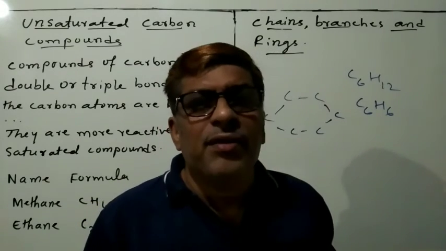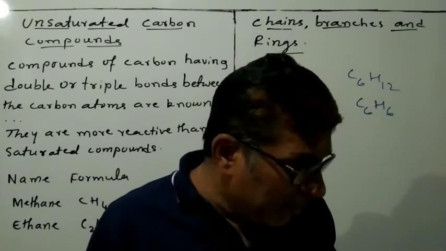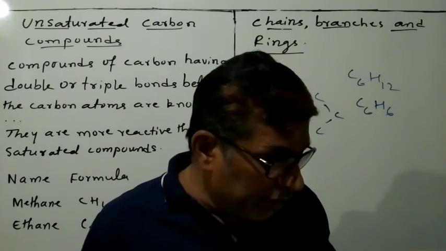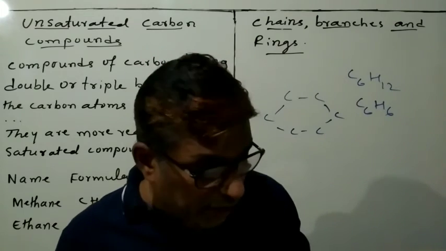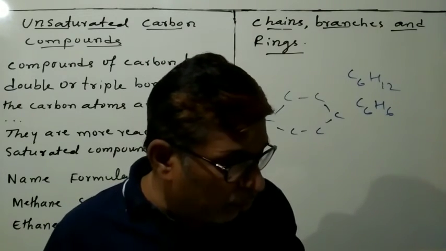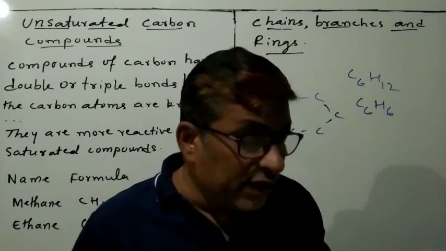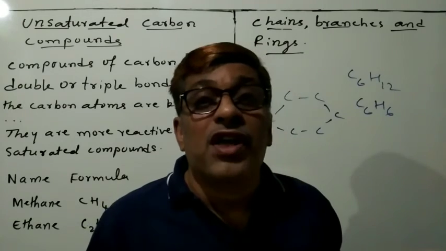So all the other information we have learned: the carbon compounds which contain only carbon and hydrogen are called hydrocarbons, and saturated hydrocarbons are called alkanes. The unsaturated hydrocarbons which contain one or more double bonds are called alkenes, and those containing one or more triple bonds are called alkynes.